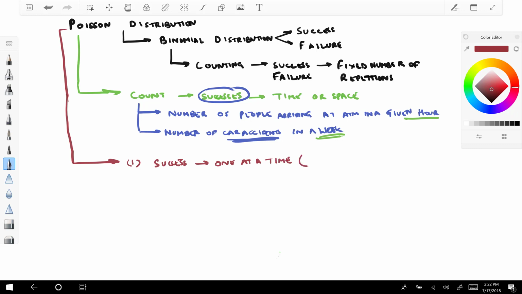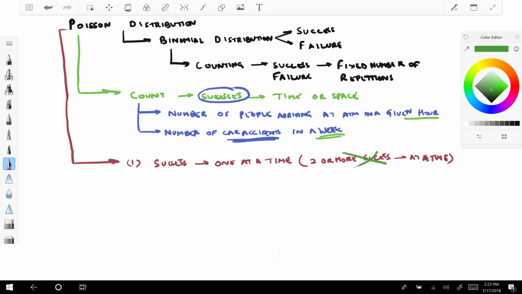Two or more successes at a time cannot happen.